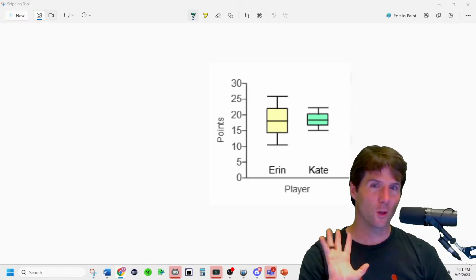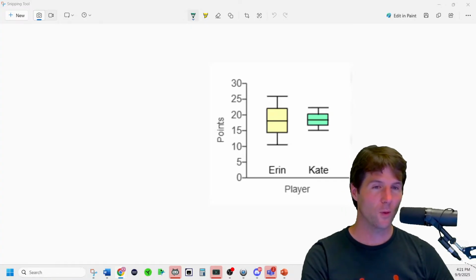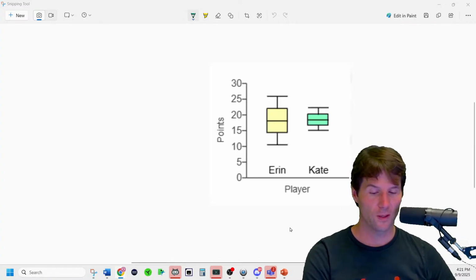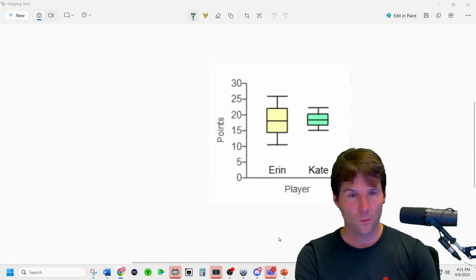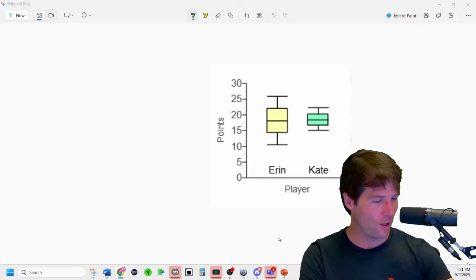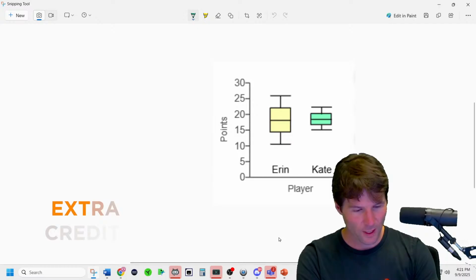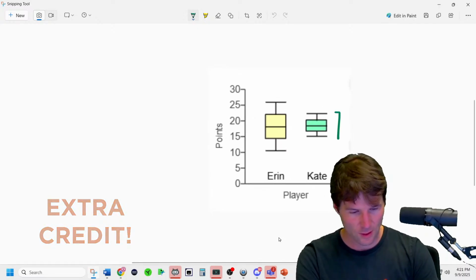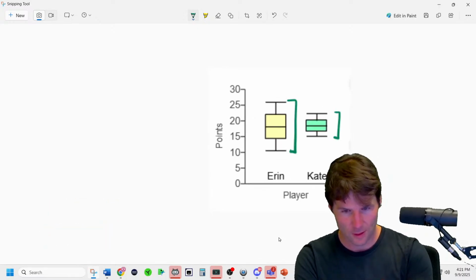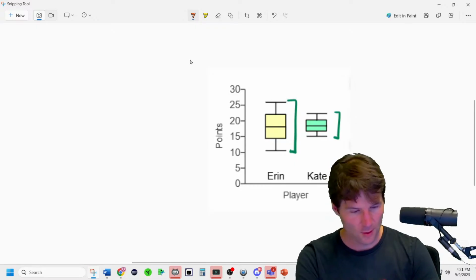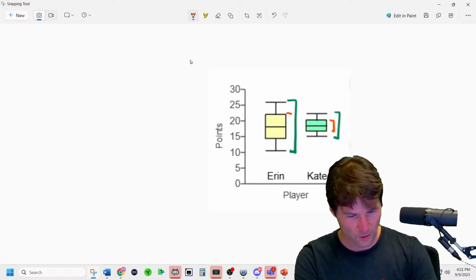Once again, don't even look at their questions. Try to figure out what they're asking or what we know from this. Well, both players, the range and IQR, great job. So you can see the range is smaller here, and the IQR is smaller here.